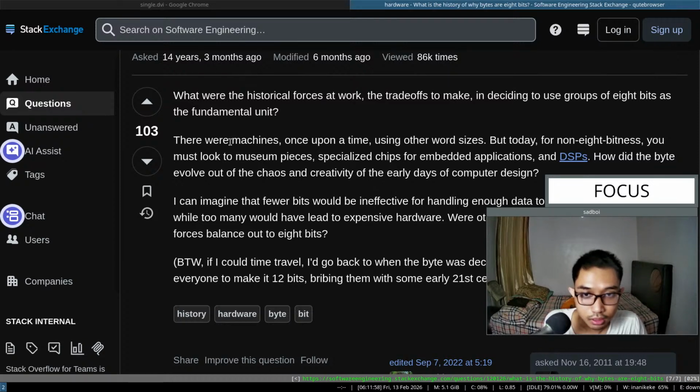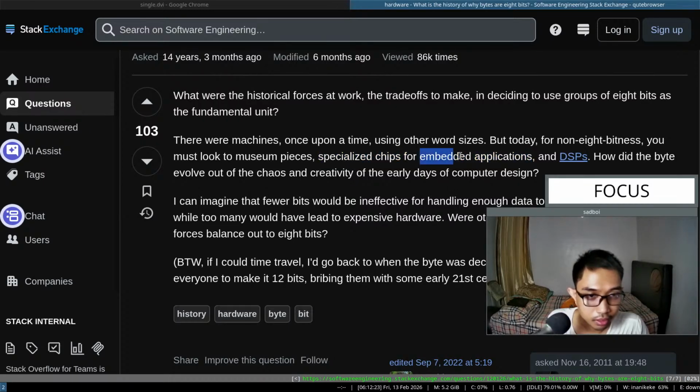There were machines once upon a time using other word sizes, but today for non-8-byteness, you must look to museum pieces and specialized chips for embedded applications, right?